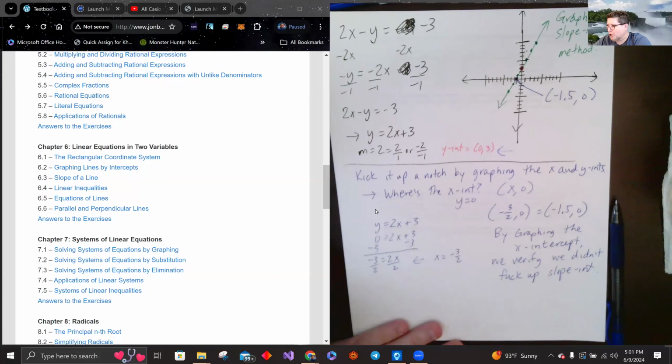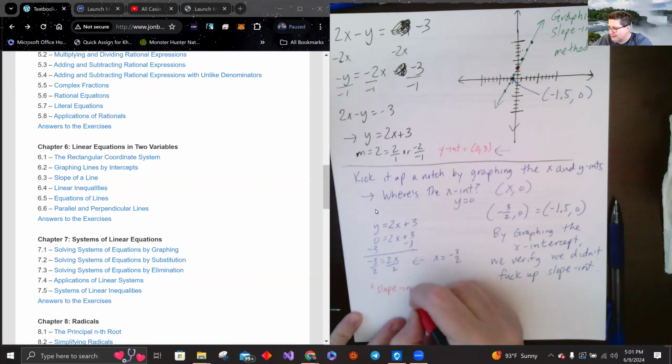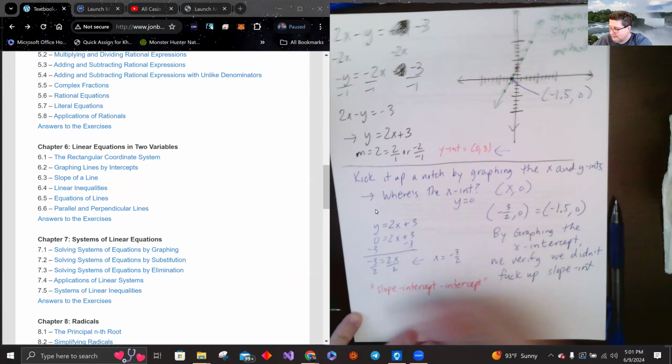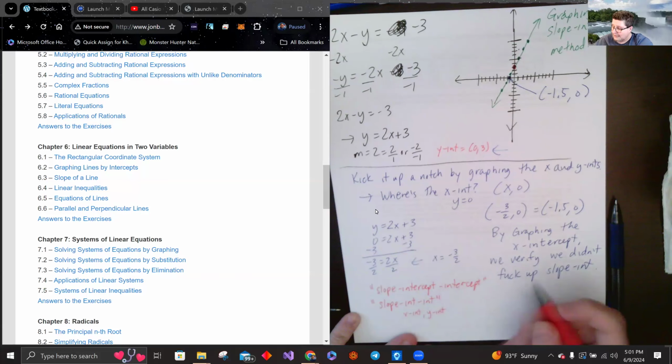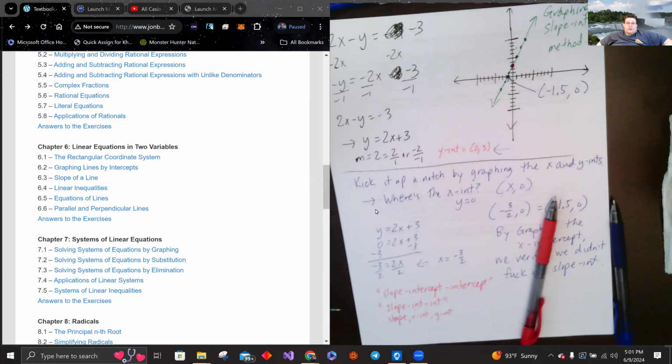So if you do both, putting them together, making this all one, I guess you could call this the slope-int method. This is something I picked up from Mr. Blakely. Slope-int, because it's got the x-intercept and y-intercept and the slope. We're using all of those to graph.